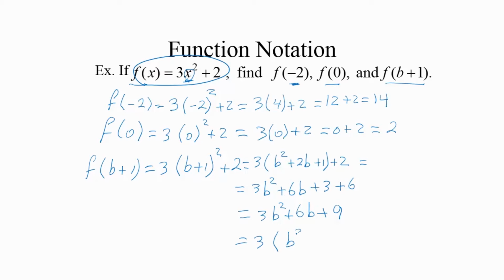So 3 times b squared plus 2b plus 3. Okay, that is evaluating a function at different points, at different values of x in these cases.